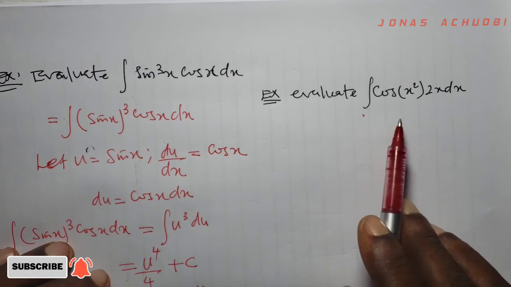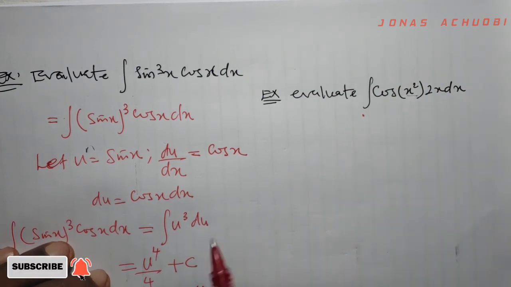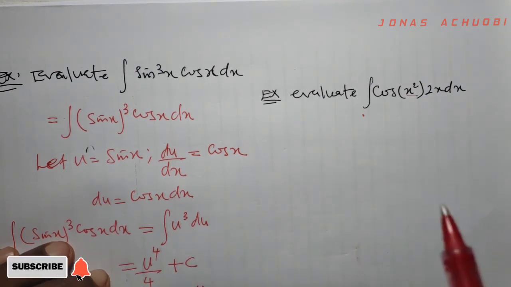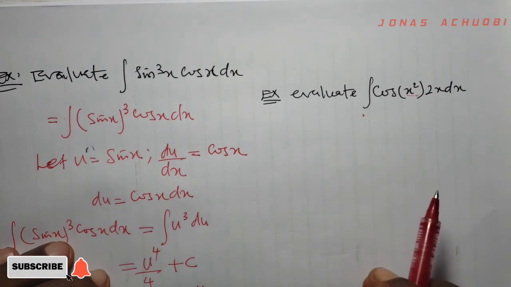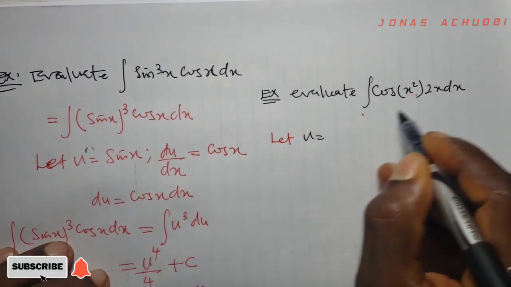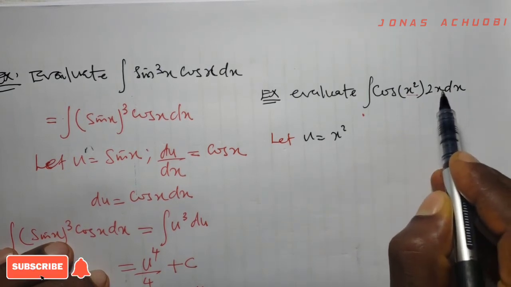What do we observe? We observe very quickly that if we differentiate the function inside, x squared, we get 2x. Once you identify this factor, proceed with the method of what? U-substitution. So we say, let u again be x squared, because if you differentiate x squared, you get 2x.